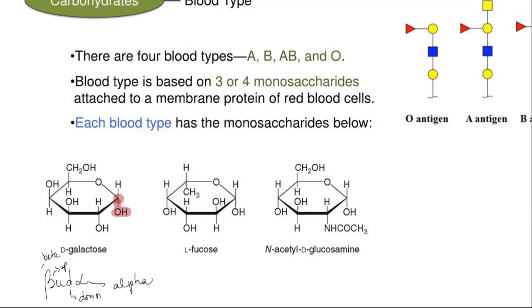So if that position on your Haworth projection, so the anomeric position, the OH is pointing down, that's alpha. If the OH is pointing up in the anomeric position, and the anomeric position in a Haworth projection is always that corner, then understand that that is beta.